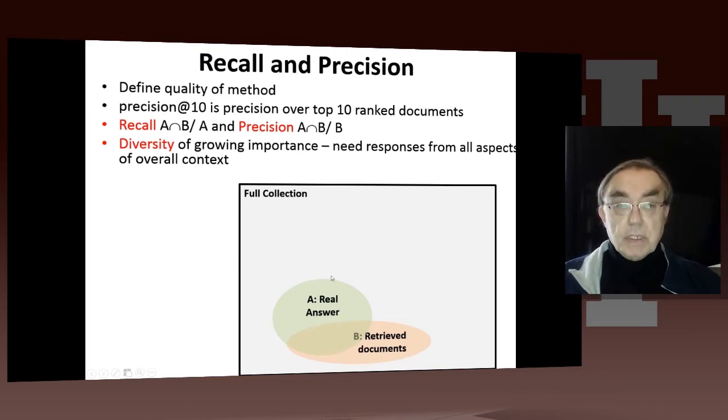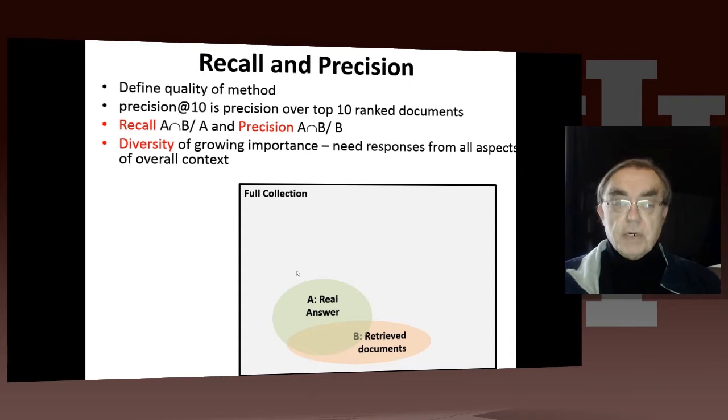And then we have 2 concepts. Recall is this little section here, which is the part that is retrieved and actually correct, divided by the number correct. And then we have the precision, which is the number of correct answers divided by the total number of answers.